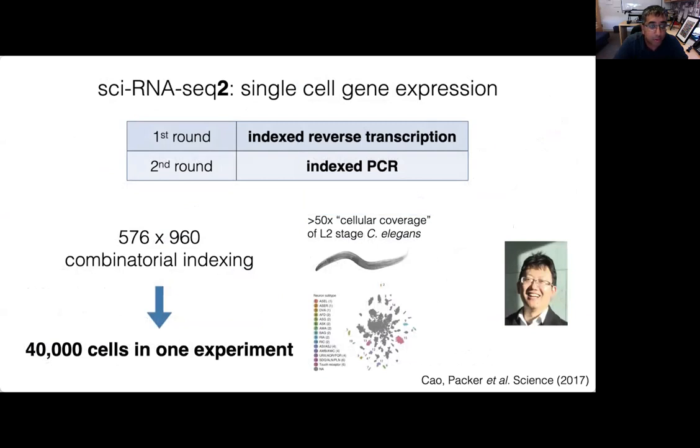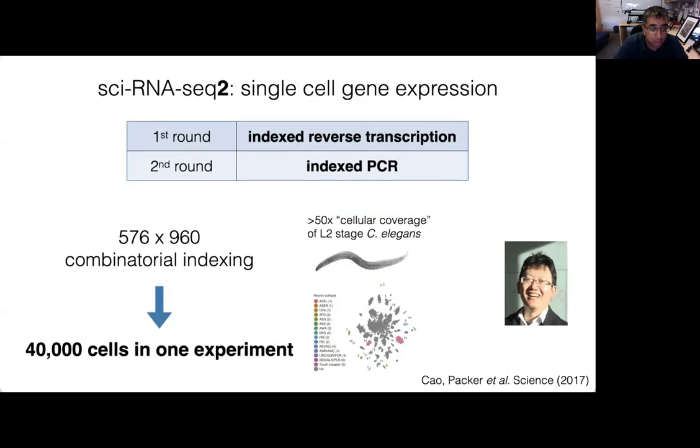And we didn't start with the mouse, we started with the worm in collaboration with Bob, where this first version of sci-RNA-seq, called sci-RNA-seq2 because we have 2 rounds of this splitting and pooling, was developed by Junyue Cao, shown there, who was a graduate student with me and is now an assistant professor at Rockefeller University.